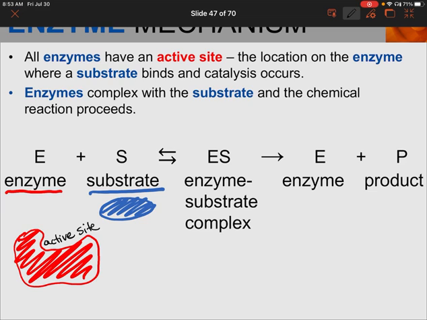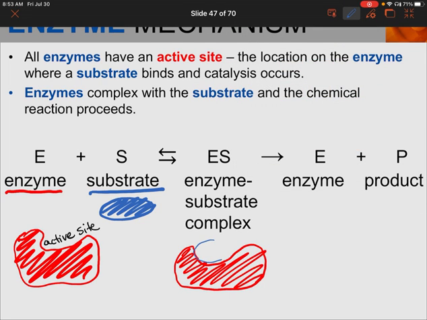Eventually you'll form what's called an enzyme substrate complex. So let me redraw this here. We've got our enzyme, and then the substrate is just going to fit right into that active site. Now this is our enzyme substrate complex.